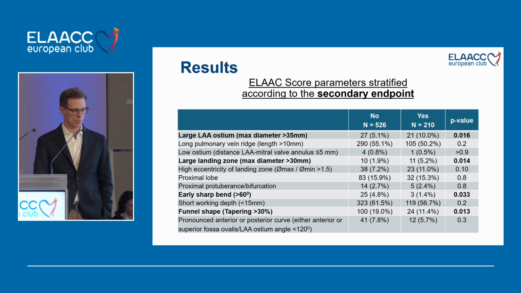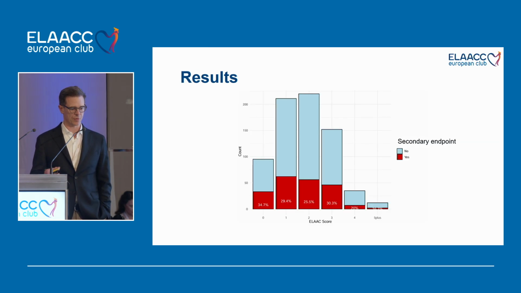Large landing zone was significantly different, early sharp bend, and funnel shape. Tapering more than 30% was also significantly different. And if we look at the distribution of the frequency of the secondary endpoint according to the ELAACC score, again you see that it increases but then again decreases the higher the ELAACC score gets, again speaking for a limited predictive ability.